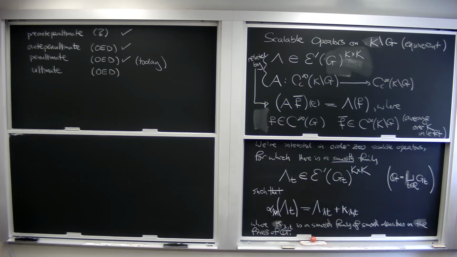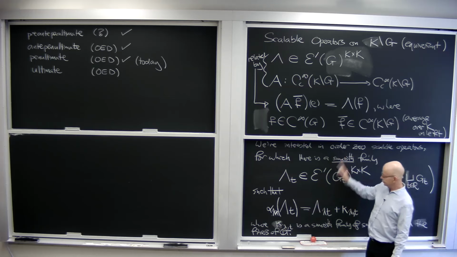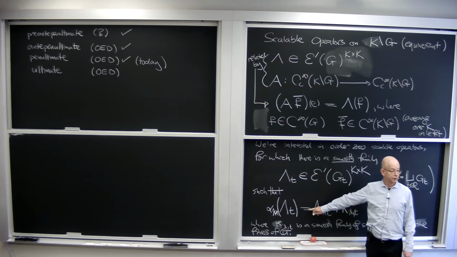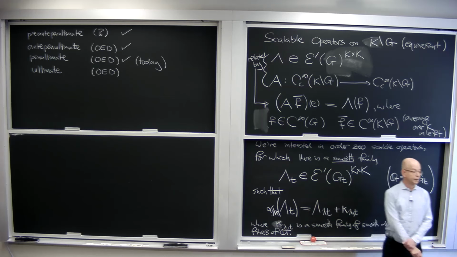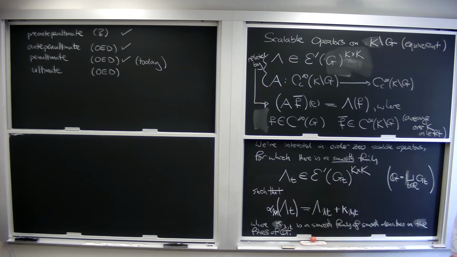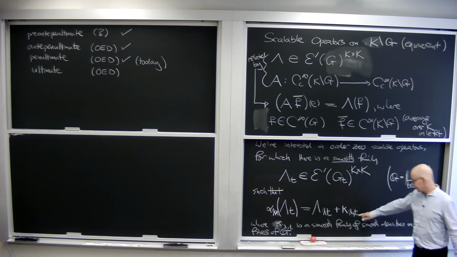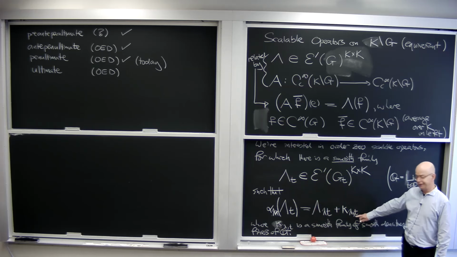So they're just generalized functions on G, which extend to these families, which satisfy this law here. I took advantage of order 0, so there's no exponential term here, little lambda to the power of the order of the operator.